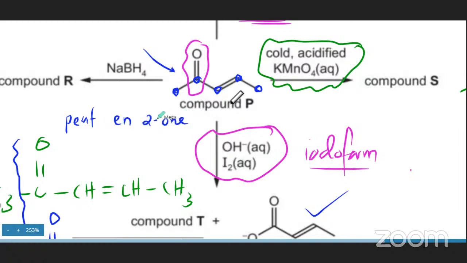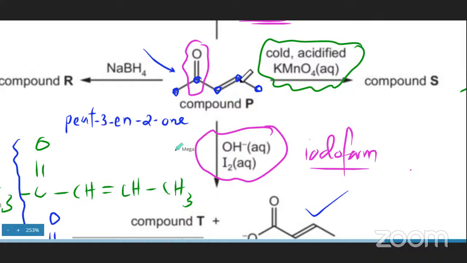Can we write 3-pentan-2-one? No, you can't write that. Remember, whenever you have an alkene, the an would change into an en, and you would write the position next to it.